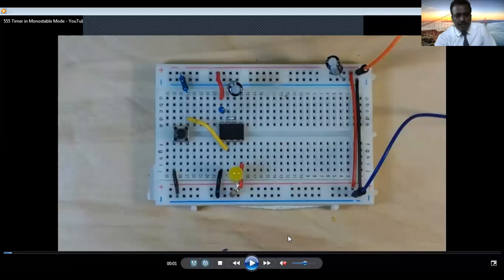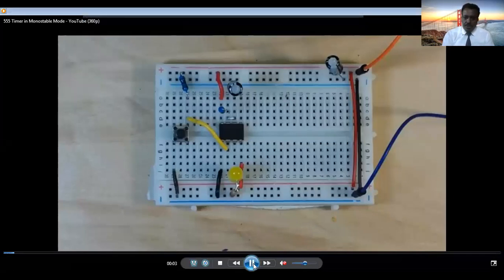Okay, this is monostable modes of operation. The timer is configured in monostable mode. Let's see. Now we have only 1 switch here, not 2 switches.